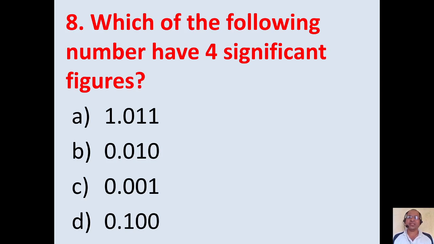Option B, again it is less than 1, the first 2 zeros are not significant, and the last 0, which is a terminal 0 with decimal place, is significant, so it has 2 significant figures. Option A, 1.011, the 0 comes in between two non-zero digits, so it is significant, so this number has 4 significant figures. So option A has 4 significant figures.